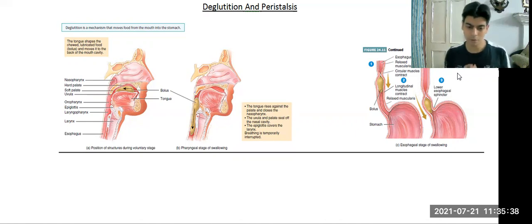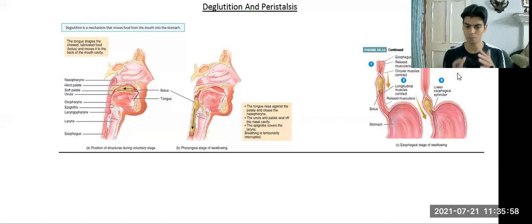Now if you look at the diagram, and based on our previous discussion on the esophagus, we have understood that there is a windpipe posterior to the esophagus, and there is a nasal cavity somewhere near.